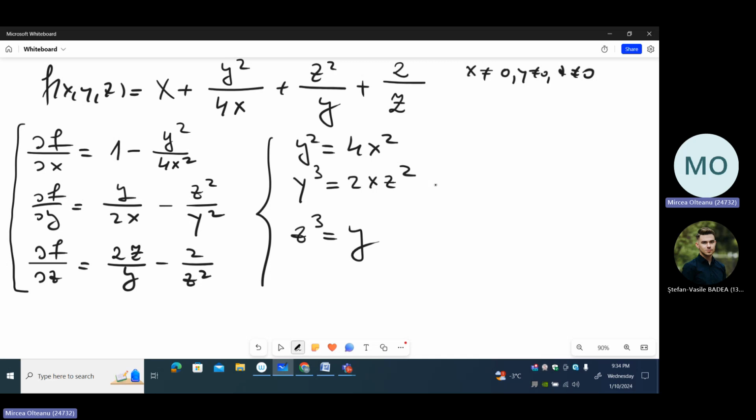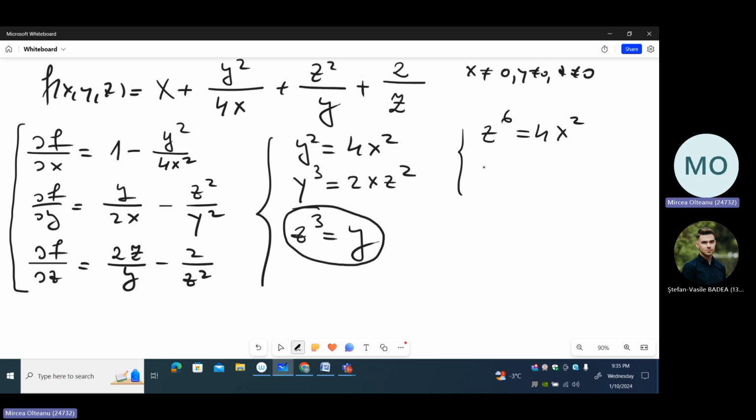Okay, we shall use substitutions. We need y. So y is z to the 3. This seems to be the simplest way. We replace y by z to the 3 in both these equations. So y squared means z to the 6 equals 4x squared.